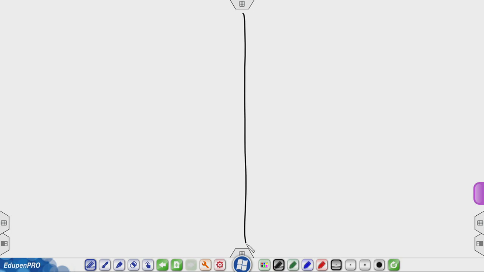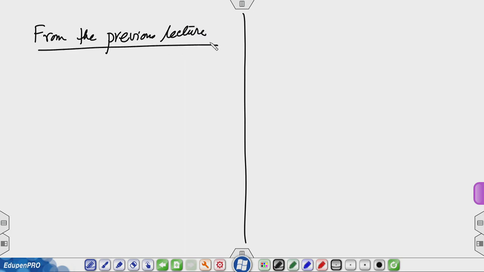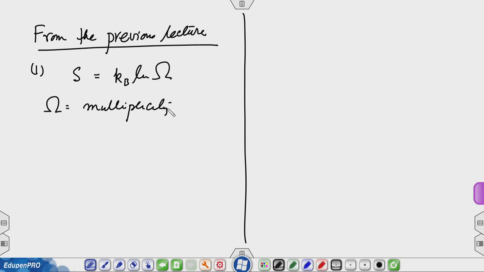So, let me recall quickly what we did in the previous lecture. We had that entropy of a system is equal to Kb log of omega, where omega is the multiplicity.